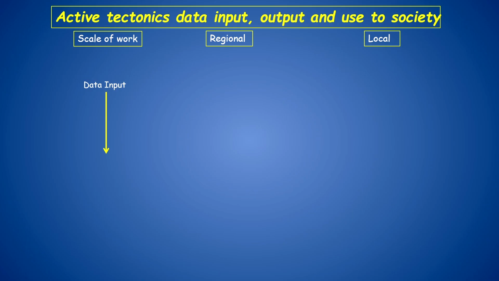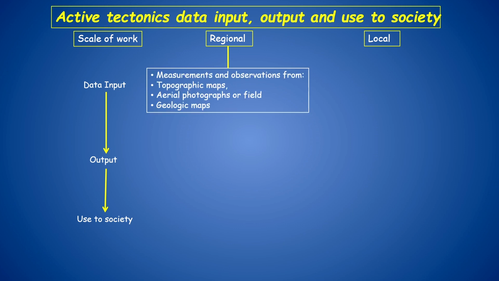The data input is required, we collect it on surface, and what type of data has been collected we will soon see. And finally, the data is used for societal use, mainly to reduce the risk factor and all that.